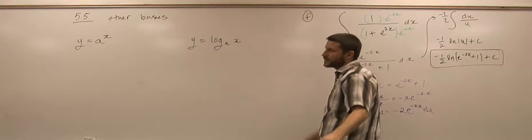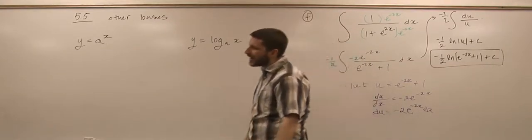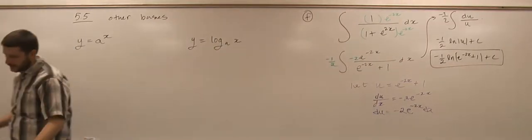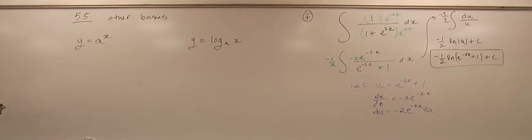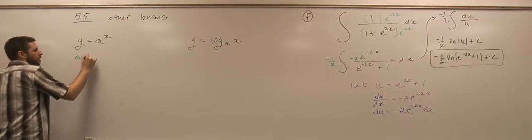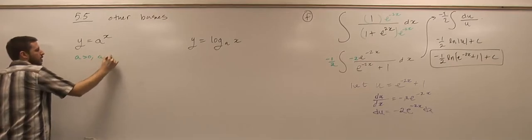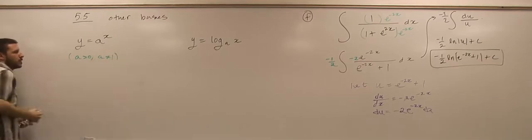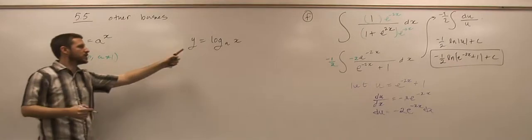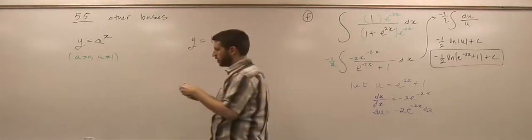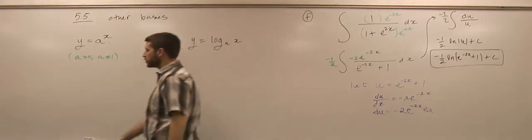So a to the x for any number a that's not equal to 0 or 1. It actually has to be bigger than 0 and not equal to 1. So we want to look at these two functions, which are, of course, inverses of one another.